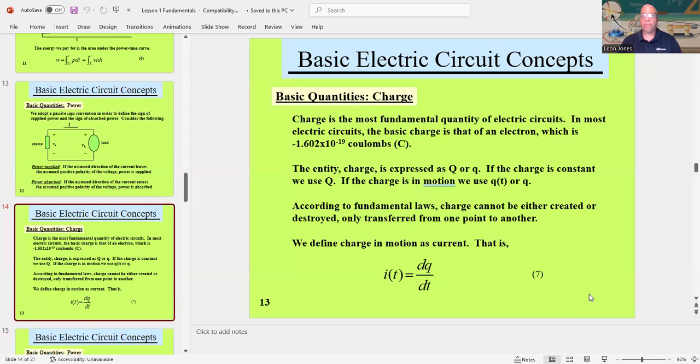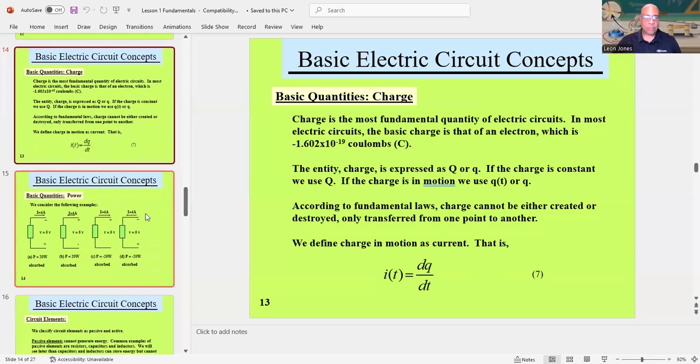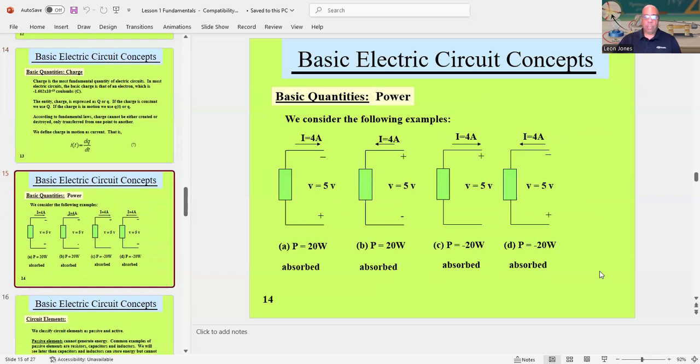It can only be transferred from one point to another. So we define charge in motion as current. That is, i(t) equals dq/dt. And again, you look at the examples, and you can see the examples by the sign convention.